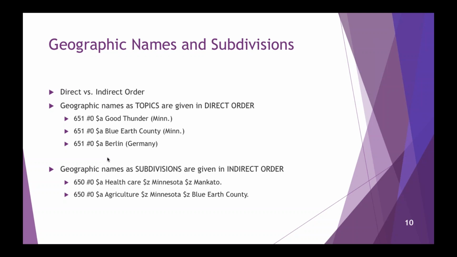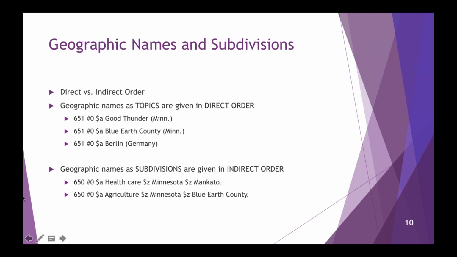So, for example, right now I am in Las Vegas, Nevada. That's direct order. That's the common usage. That's how we think about it. So that's how we would enter these names. Of course, you still need to look them up in the name authority file and see what the preferred form of the name of that location actually is.